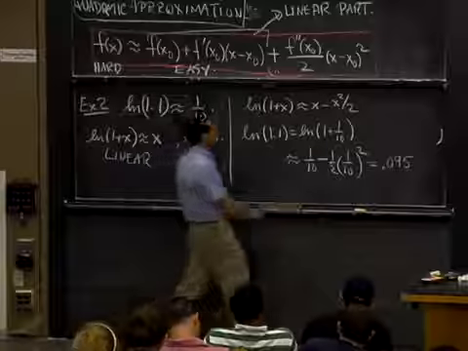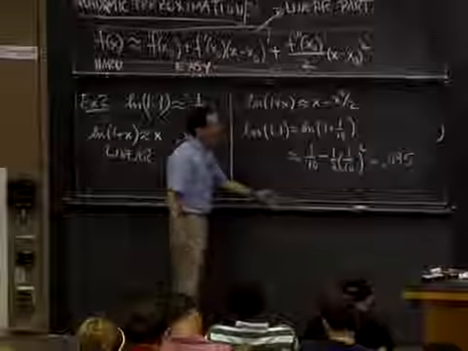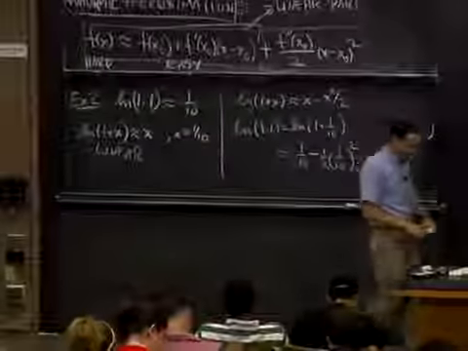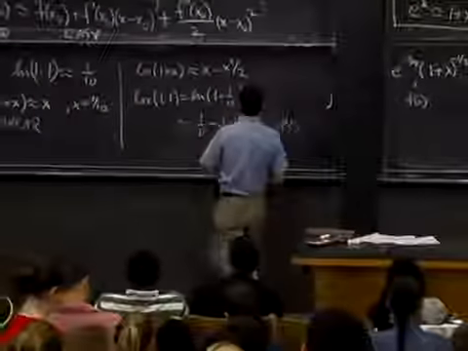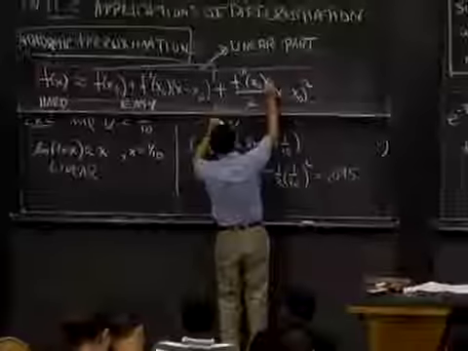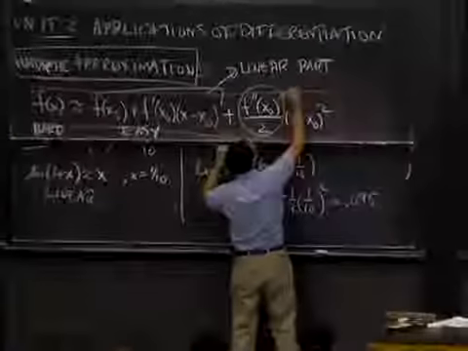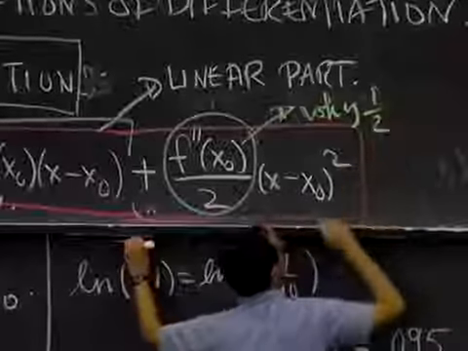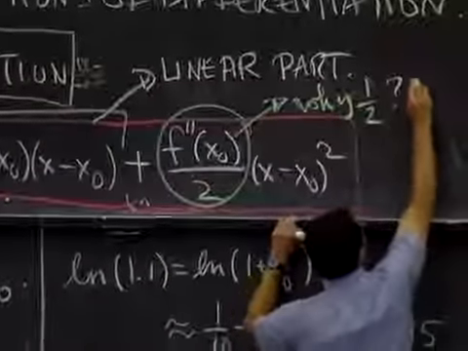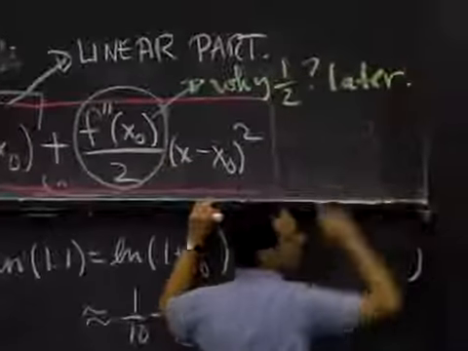All right, so now let me actually check a few of these. I'll carry them out. And what I'm going to probably save for next time is explaining to you why this factor of a half. We're going to do this next time.